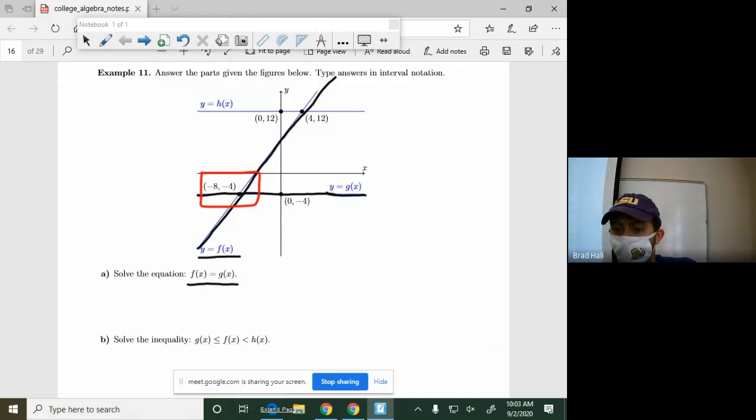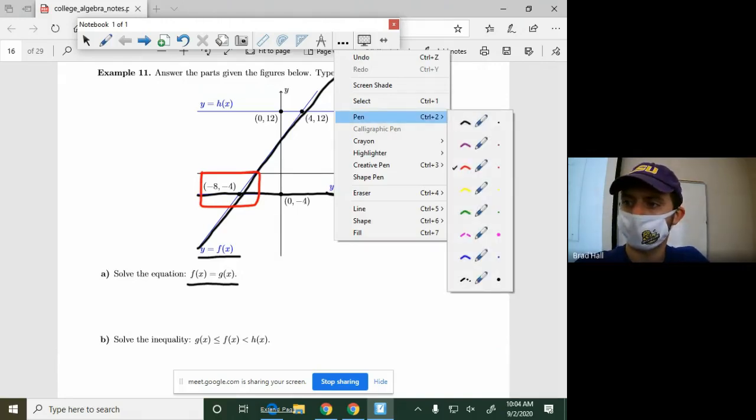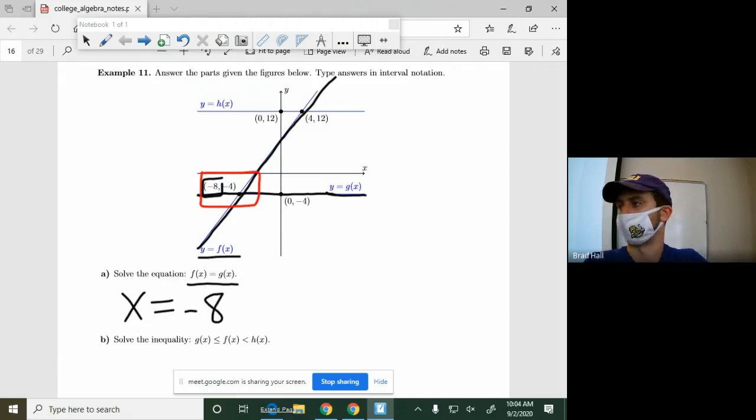Now, when you solve an equation, you're normally finding x is equal to something. So it's x is equal to, you're going to take the -8 value. That's what they are looking for. When you solve an equation, you're trying to find what x is equal to generally. So x is equal to -8.